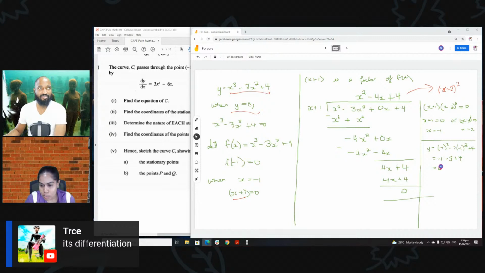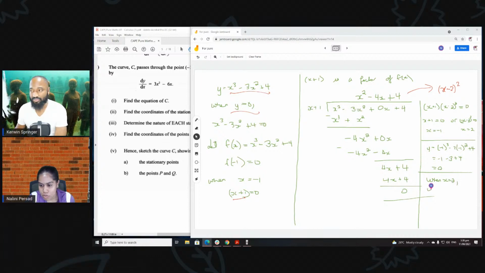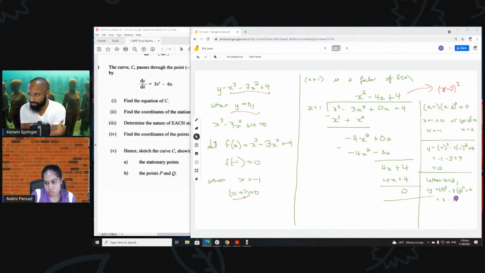And when x is equal to 2, y is equal to 2 cubed minus 3 by 2 squared plus 4. So that's equal to 8 minus 12 plus 4, which is 0.